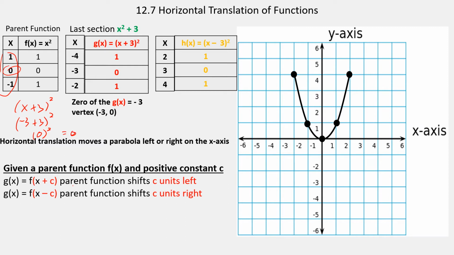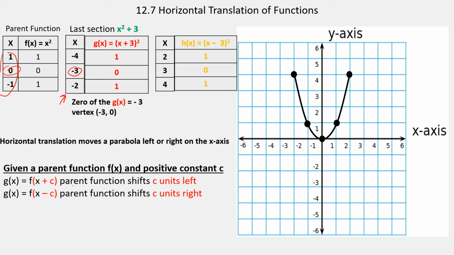So I'm looking here and saying, what's going to make this 0? Well, a -3. So that's what you want to determine first, -3, and then you want to use the x values above and below -3. So that would be -2 and -4. And so that's how I came up with these x values.